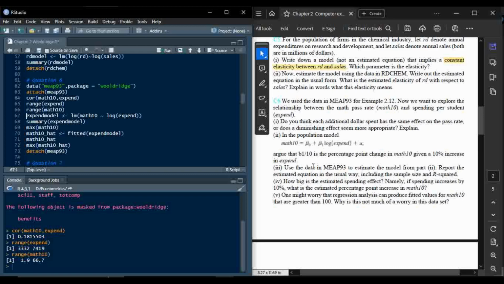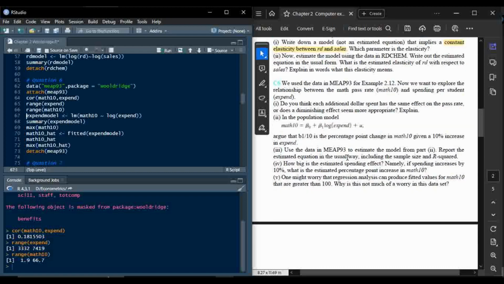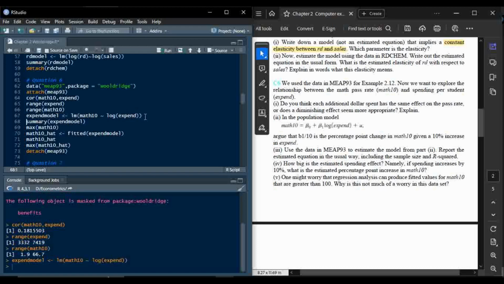Now let's come to the third question. Use the data in MEAP93 to estimate the model from part 2. Report the estimated equation in the usual way. Include the sample size and R squared. Let's create a model, expend model. Use the assignment operator and lm(math10 ~ log(expend)). Pass the command Control plus Enter.